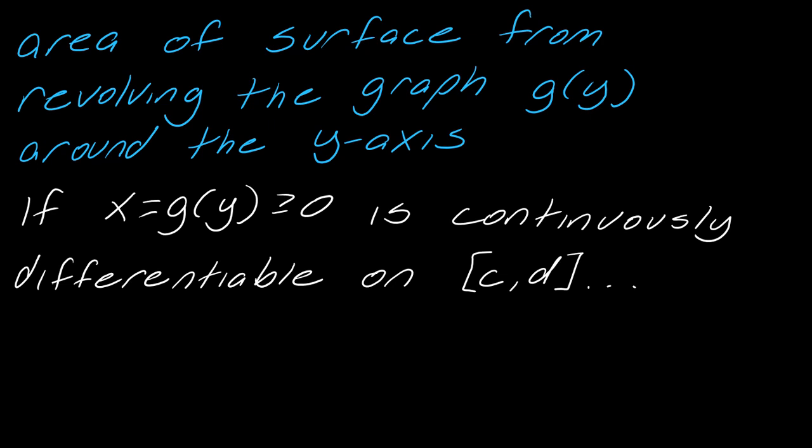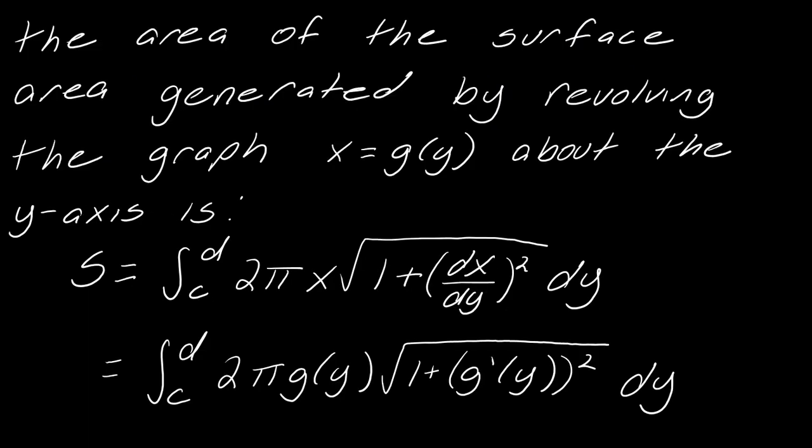If g of y is greater than or equal to 0 and continuously differentiable on a closed interval from c to d, then the surface area generated by revolving the graph x equals g of y about the y-axis is the integral from c to d of 2 pi x times the square root of 1 plus dy dx squared, or similarly 2 pi g of y times the square root of 1 plus g prime of y squared.